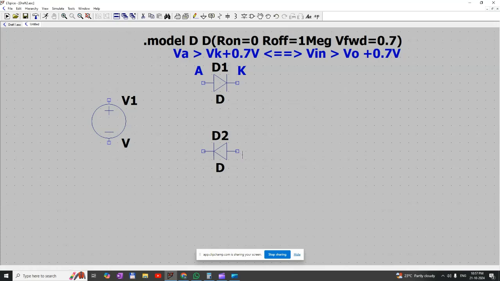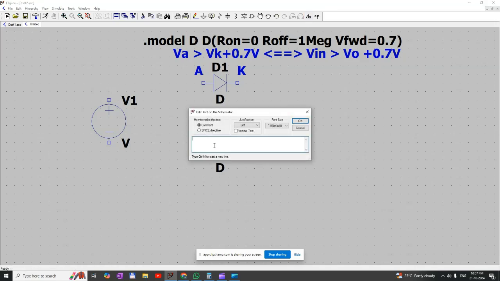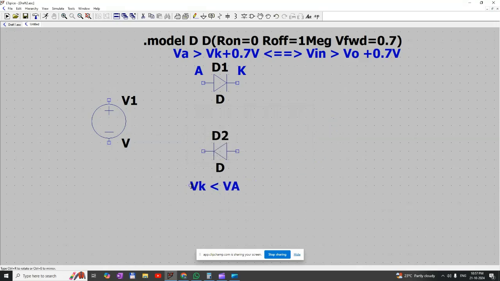Similarly, when we say diode D2 is conducting, when the voltage at the cathode is less than the voltage at the anode, then only this diode will conduct. D2 will get on.